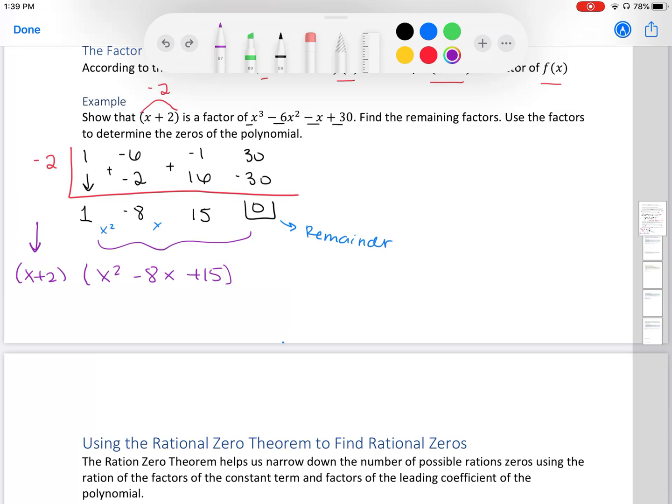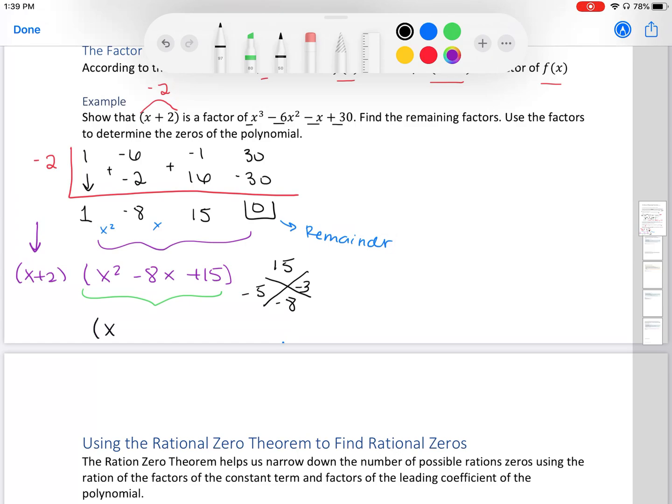Okay, it wants us to find the remaining factors. To do so, we have to factor our trinomial. Hopefully that factors. Let's see. What numbers multiply to give me 15 and add to give me negative 8? Negative 5 and negative 3. Okay, it does factor.